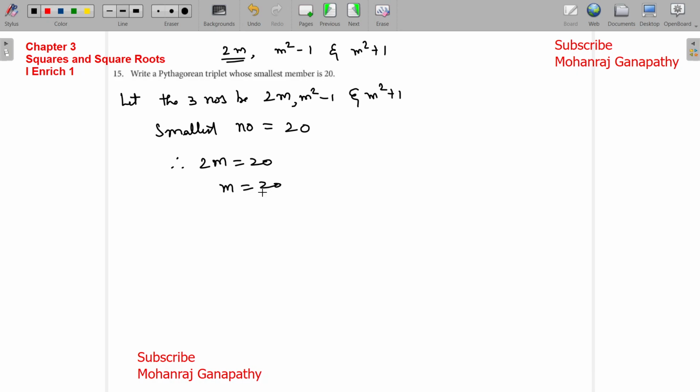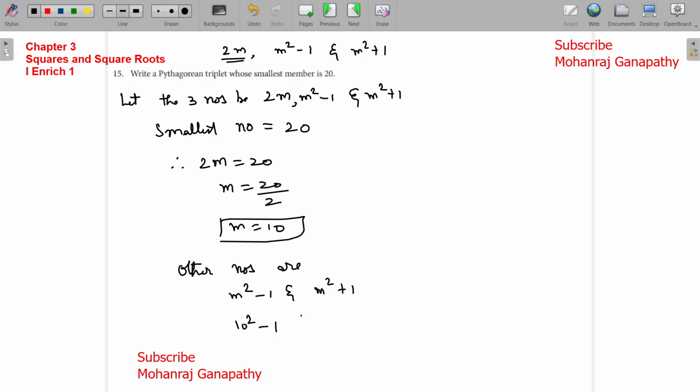M is equal to 20 divided by 2, m is equal to 10. Other numbers we need to find are m square minus 1 and m square plus 1: 10 square minus 1 and 10 square plus 1. So 100 minus 1 is 99 and 100 plus 1 is 101. Therefore, the triplet is 20, 99 and 101.